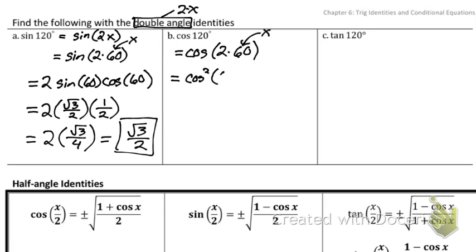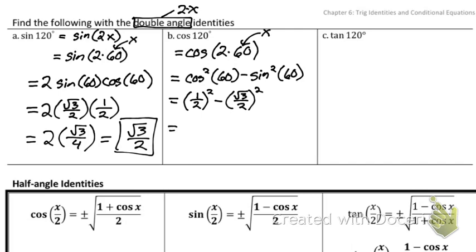So we'll have cosine squared of 60 minus sine squared of 60. Well, cosine of 60 degrees is 1/2, and we have to square it. Minus sine of 60 is square root of 3 over 2, but we have to square it.